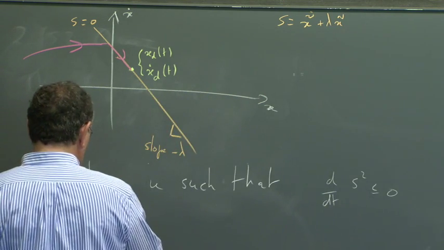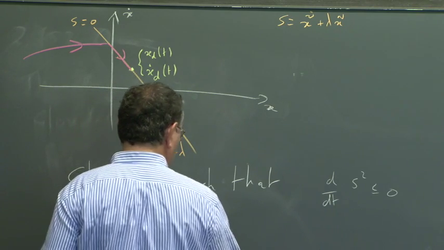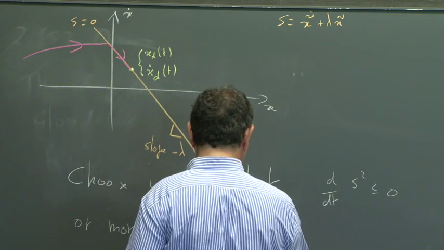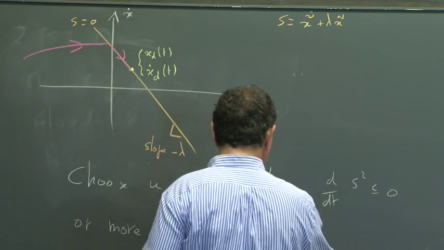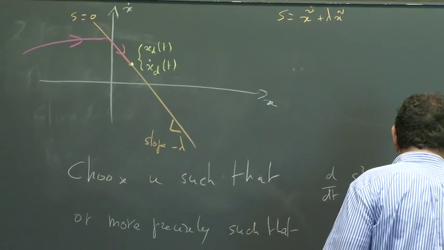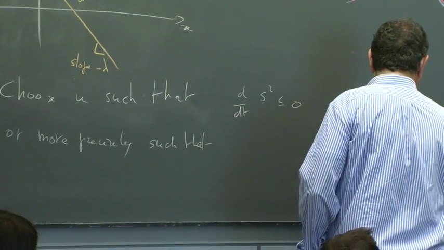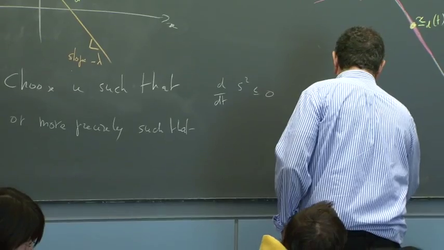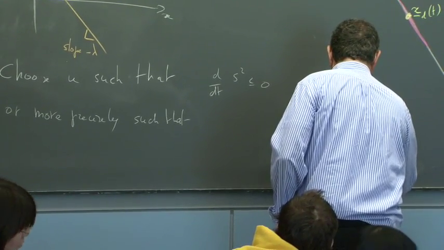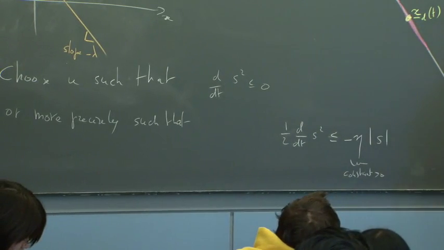But more precisely, we're going to impose something a little stronger, okay? Such that 1/2 of d over dt of S squared be less than minus eta absolute value of S, where eta is some positive constant.